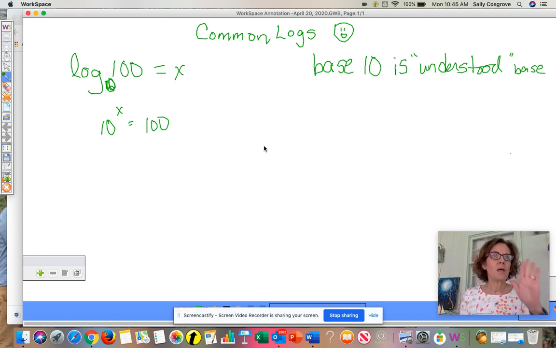So if you think about what exponent do I raise it to? 10 to the 6 is 1,000,000, right? 10 to the 9 is 1,000,000,000. 10 to the second is 100. Excuse me. So this 10 base is going to be understood. You're not going to see it written. So just remembering, oh, it's not there, it's base 10.